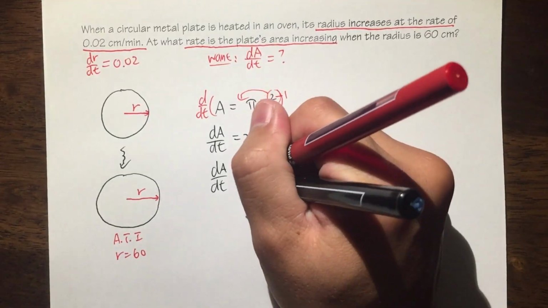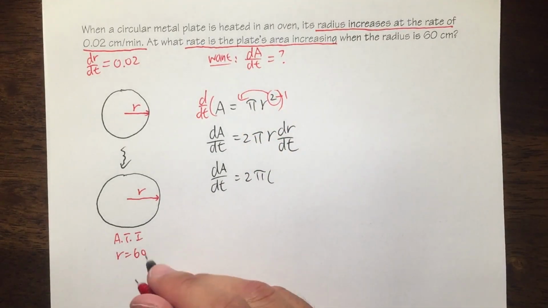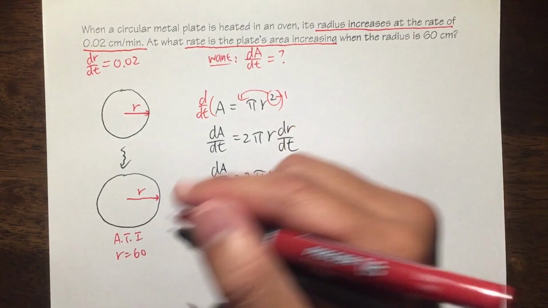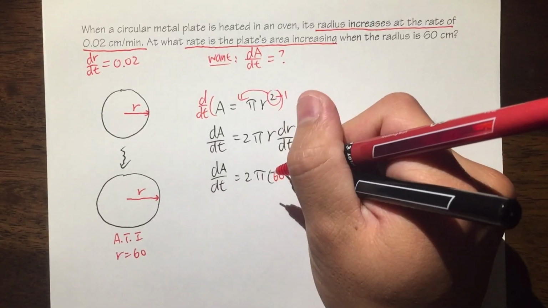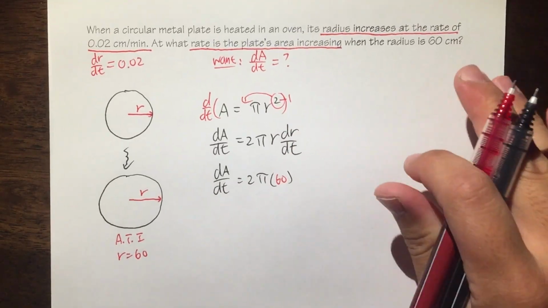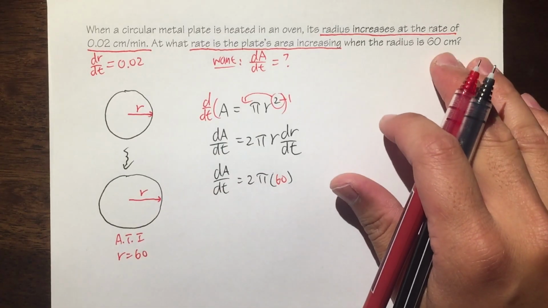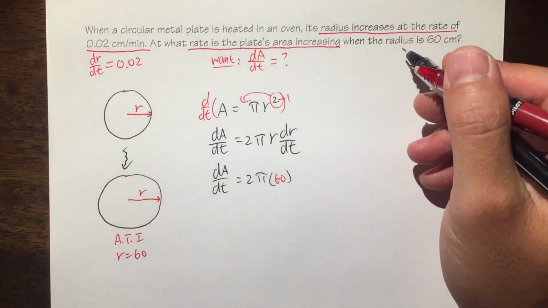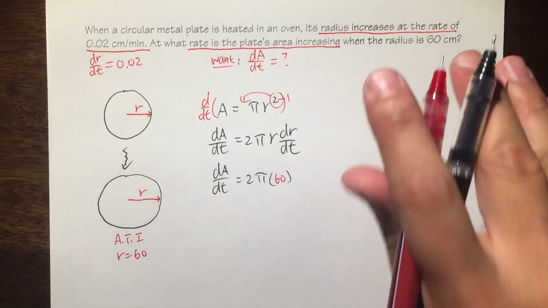And then 2 is just a 2, pi is just a pi, r we care about at this particular moment, so we just plug in 60 right here for r. And by the way, at a different instant, you will have a different dA/dt. So you really have to pay attention to the question right here. It says the radius is 60 centimeters at that instant.